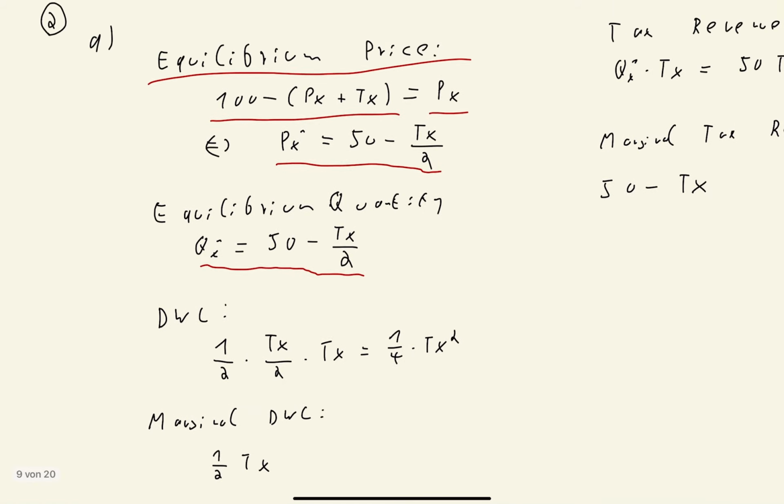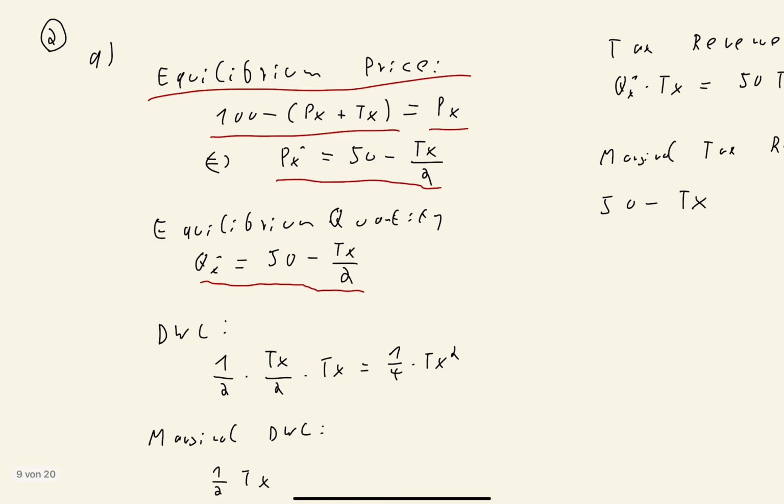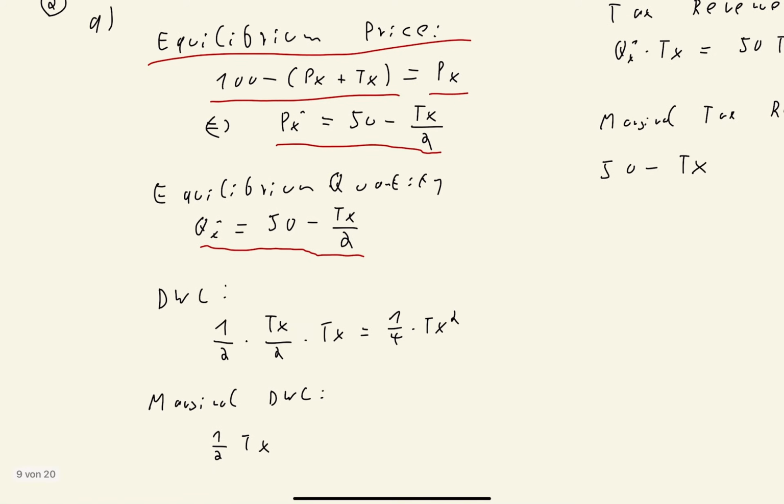Now, given the equilibrium quantity, what we can calculate is the deadweight loss, because as you remember, we had a formula for how to calculate the deadweight loss in a fast way. It was given by 1/2 multiplied with the change in quantity due to the tax, which in absolute terms is here Tx divided by 2.